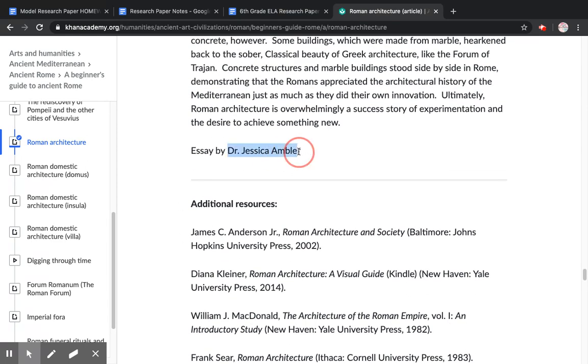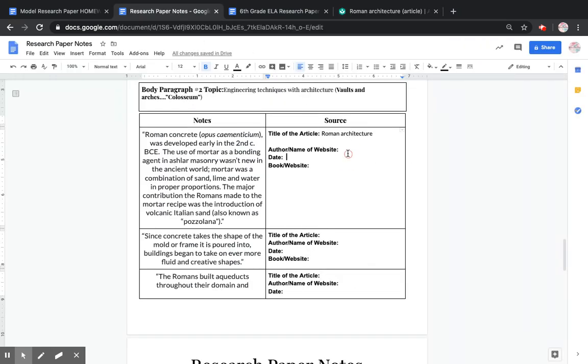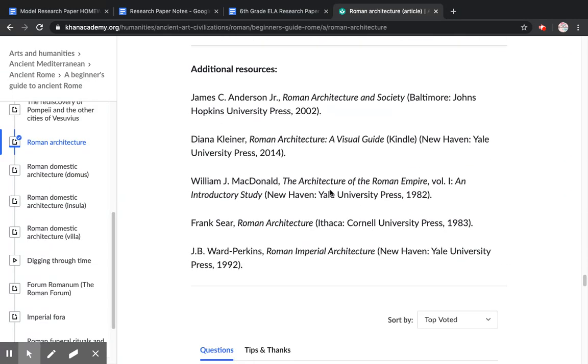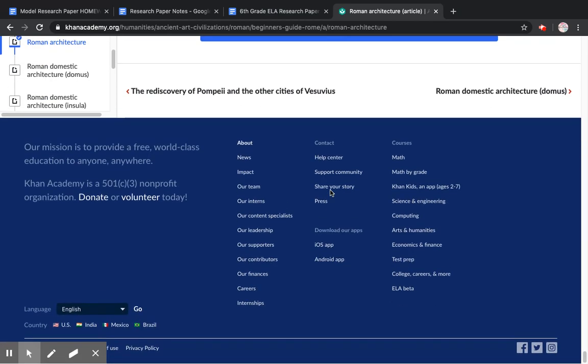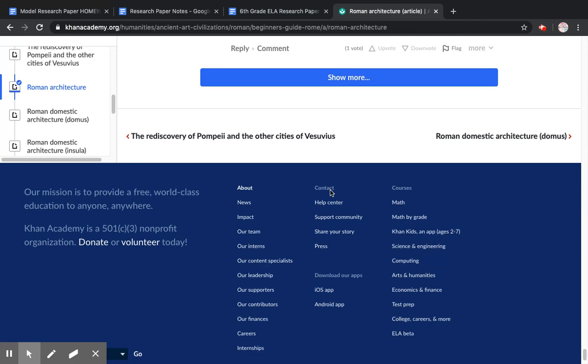So this one was written by Dr. Jessica Ambler. So I'm going to copy that, go ahead, put that in my author's name right here. It's a little big, but not too big, so I'm going to leave it alone. The date, let's see, does it say when it was done? Let's see, at the very bottom, anything?